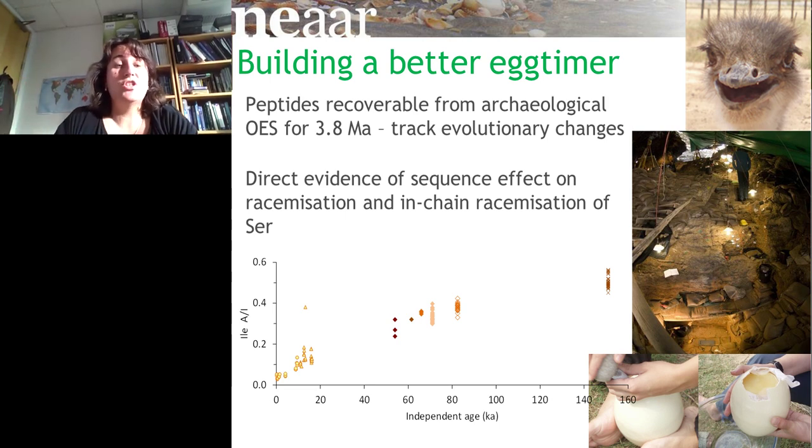We were able to show the direct evidence of sequence effect on racemization and in-chain racemization of serine, and we came up with this really nice way of dating our samples, which is exactly what we'd intended the grant for in the beginning. So these really exciting serendipitous results are really very rewarding.